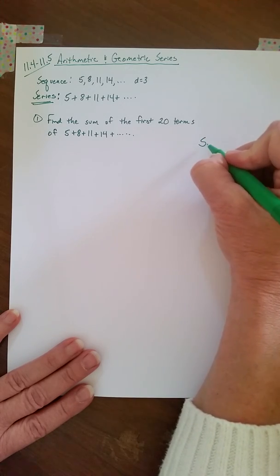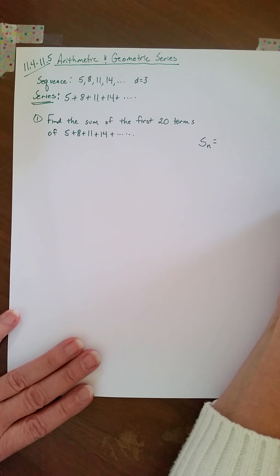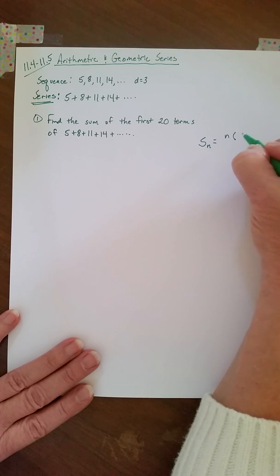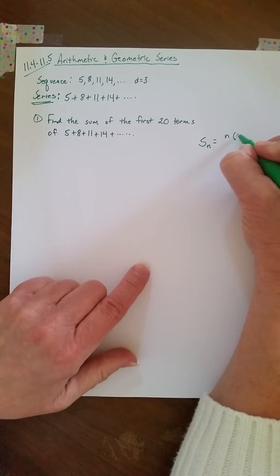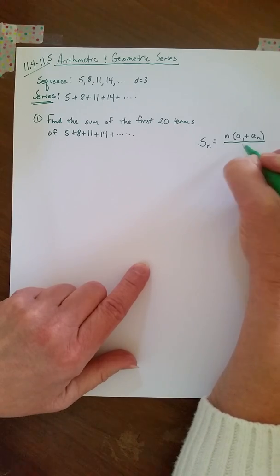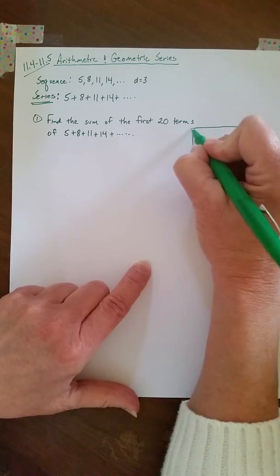So the sum of the first n terms of an arithmetic series is n times a sub 1 plus a sub n, all divided by 2. So box that in.